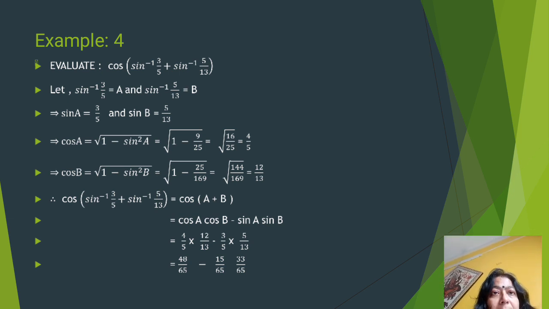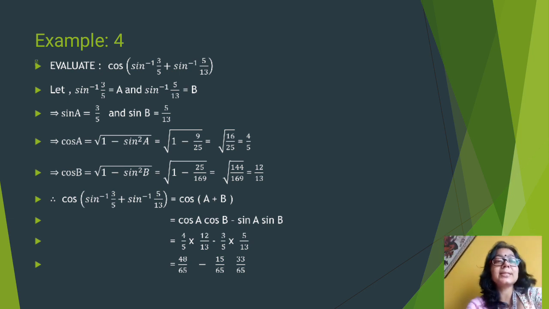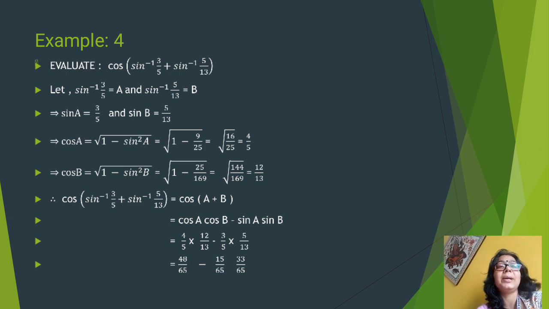Cos b is equal to under root 1 minus sin square b. So put the value of sin b. Sin b is here 5 by 13. So 5 by 13 square means 25 by 169. So after calculation we are getting under root 144 by 169. It is 12 by 13.